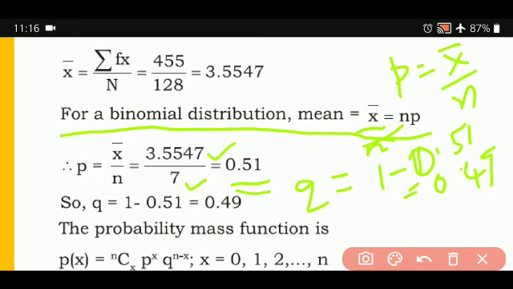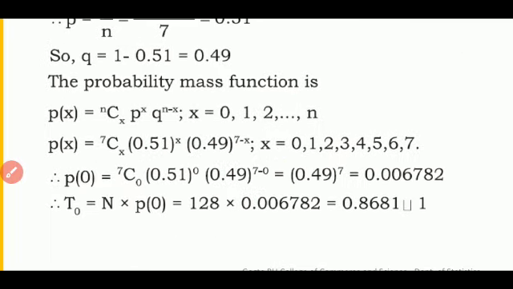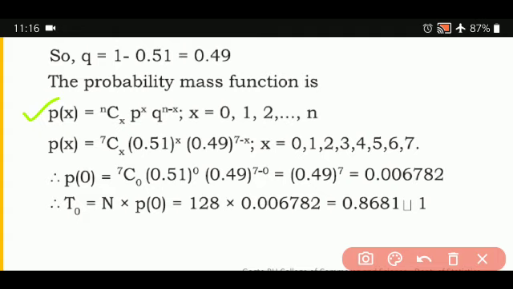Once you get the value of p and q, you write the probability mass function. You have written the probability mass function, then substitute the value of small n, the value of small p, and the value of small q. Again I am telling, the first step is to find the probability x is equal to 0.